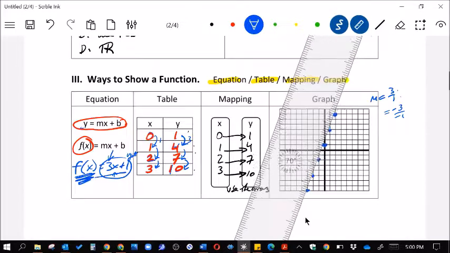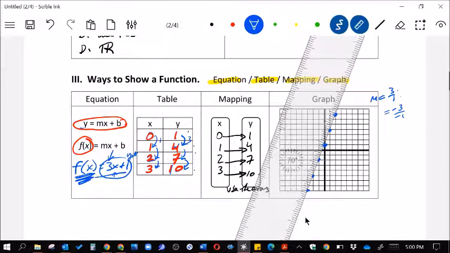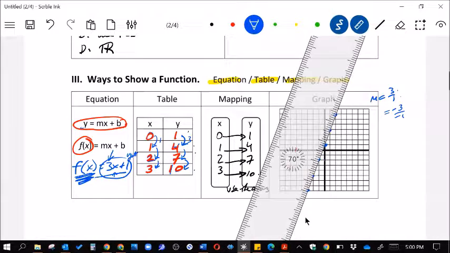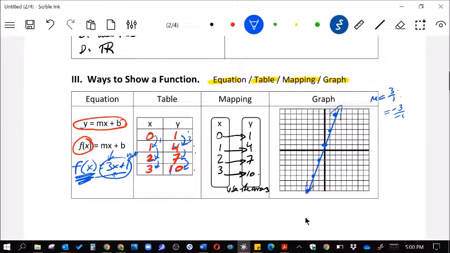And it all started because I had a good start for the y-intercept. I think that'll work. Reasonably decent line, even though I didn't quite go over that dot there. So those 4 ways of showing a function, you want to make sure you can do any one of them.